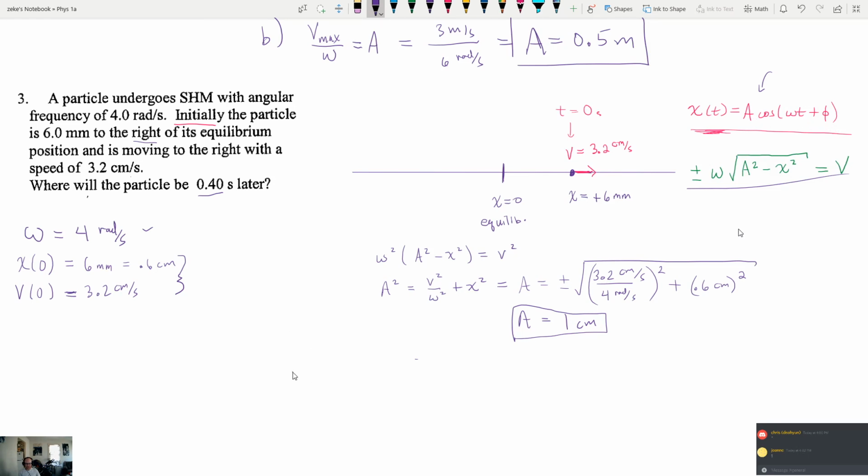So what we can do is we can say x of 0 is equal to A, which is 1 centimeter, multiplied by the cosine of (omega t plus phi), omega's 4. I'm just going to write 4t if that's okay with everyone. But t is 0, so it's 4 times 0.